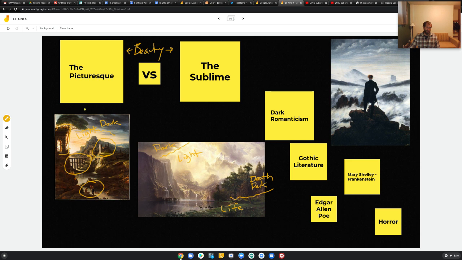And so this is the picturesque versus the sublime. This would be the picturesque up here, and these cliffs and this dark, and over here we'd have the sublime. And so the sublime, although there's two different definitions that you'll pick up on of the sublime. One is this kind of wondrous, enlightened thing.